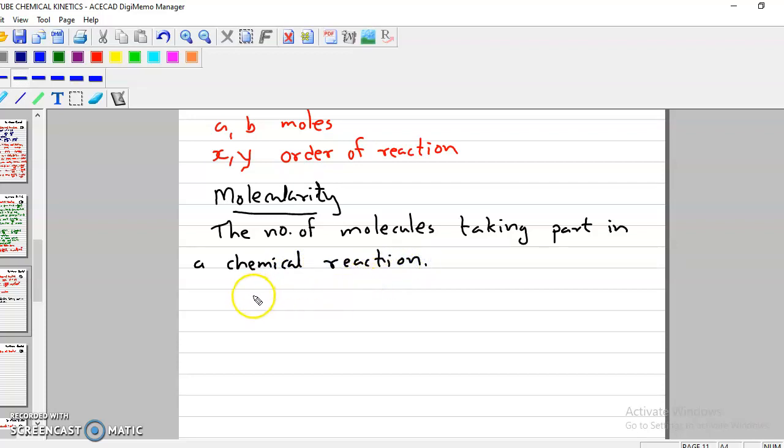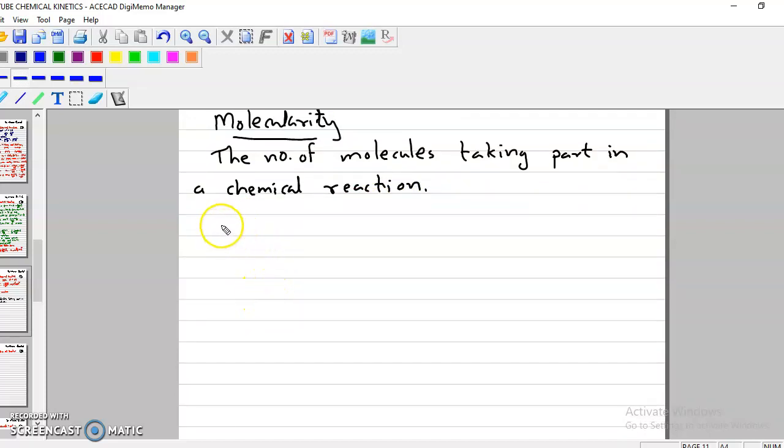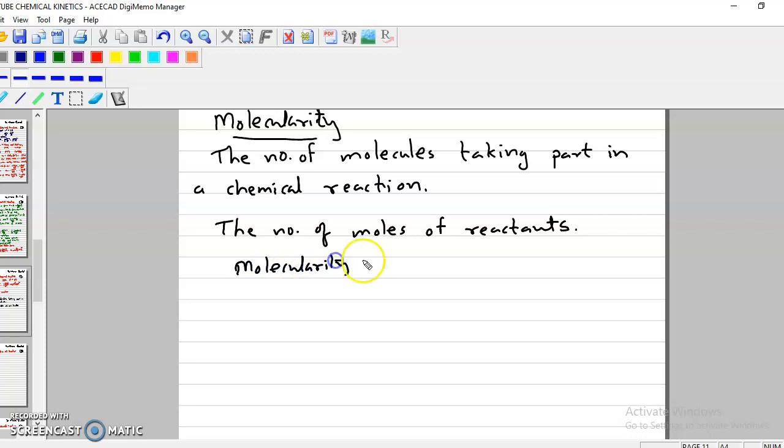Or in another language, very simple language, we can say that the number of moles of reactants is known as molecularity. This is purely theoretical. Molecularity is absolutely theoretical. For the above reaction, we can write molecularity is equal to the number of moles of A and B. So we write small a plus small b.